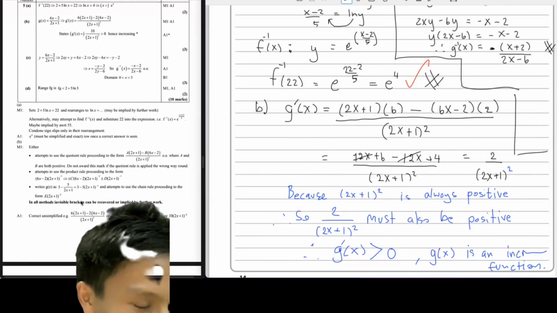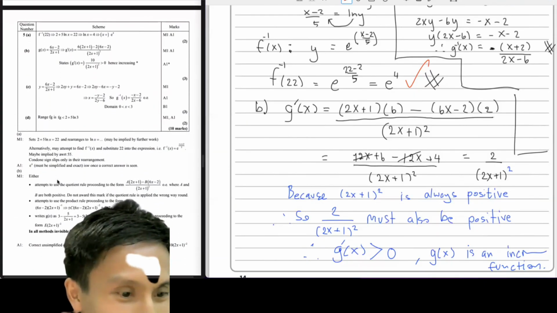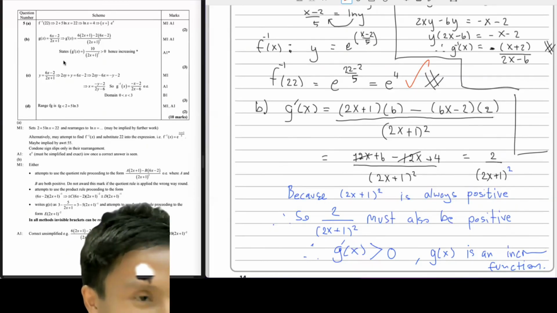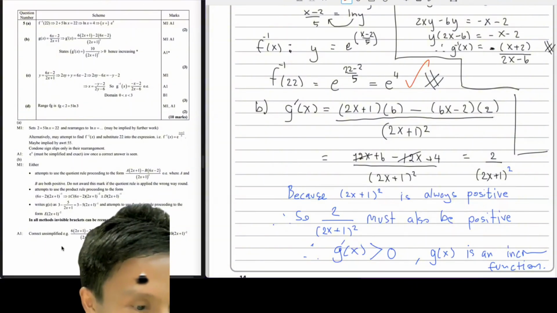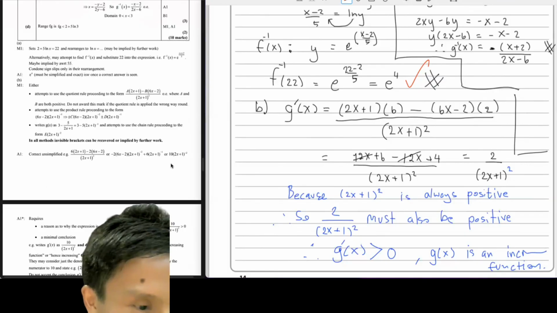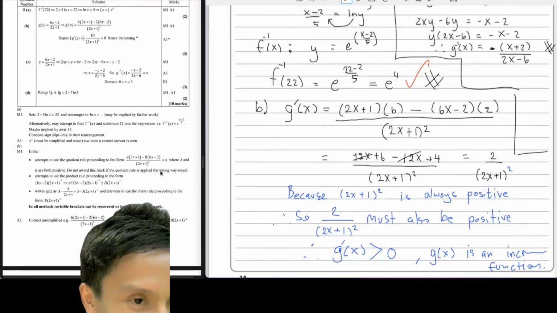So let's see. Okay, how many marks did I lose? Hang on. So did I lose any marks? Of course, I think so. So A star there means correct, unsimplified, or 10. Yeah, I lose that mark.